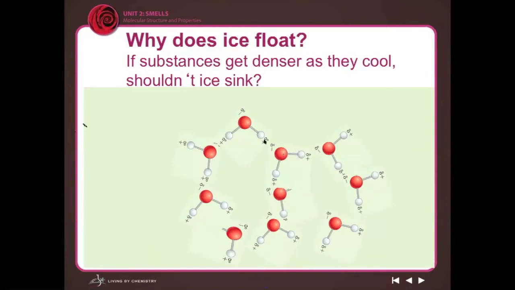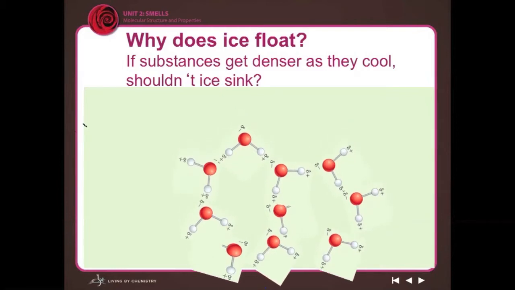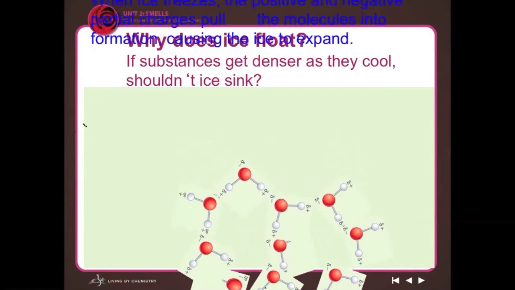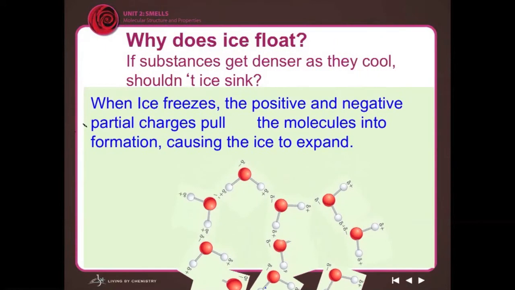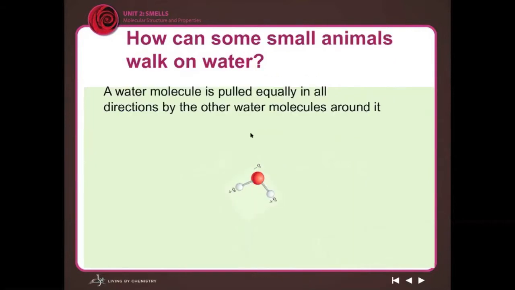As they line up, negative to positive, positive to negative, negative to positive, they create these spaces in between them. That is their structure. And these spaces are what cause the ice to actually expand. So it's less dense than water. And if it's less dense than water, it floats. So when ice freezes, the positive and negative charges pull the molecules into formation, causing the ice to expand.